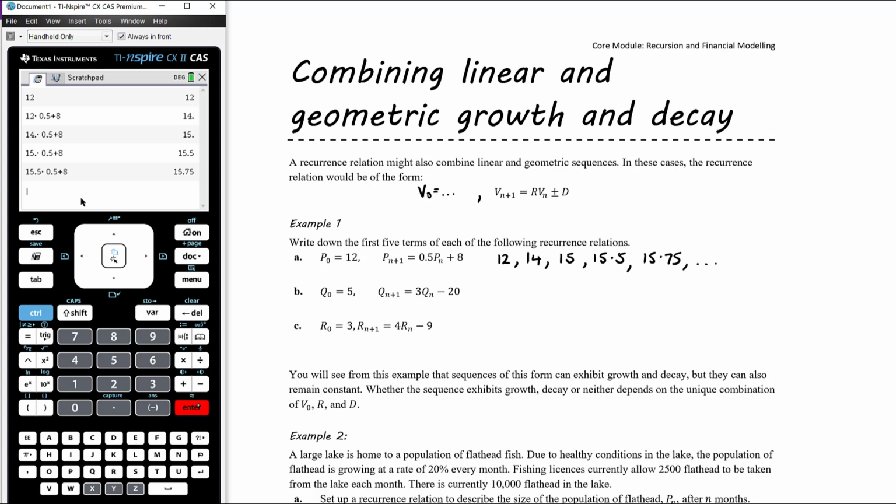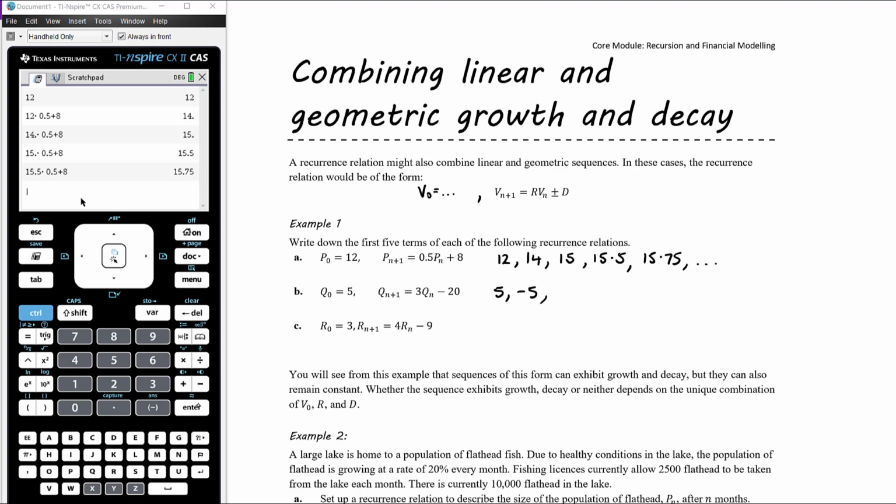Okay, second sequence in part B, Q0 is 5, Qn plus 1 is 3 times Qn minus 20. So we take the previous term, we multiply it by 3, and then we subtract 20. So if we start with 5, we multiply 5 by 3, which is 15, and we subtract 20 is negative 5.